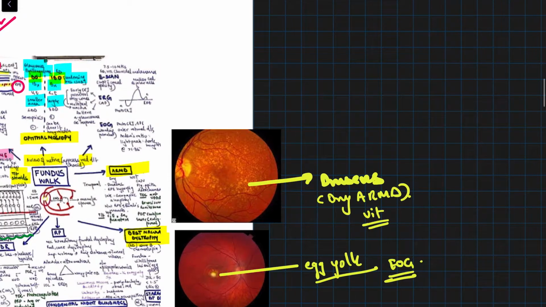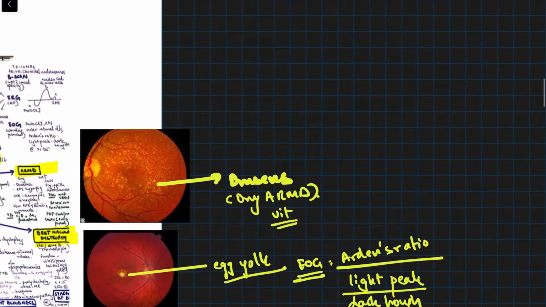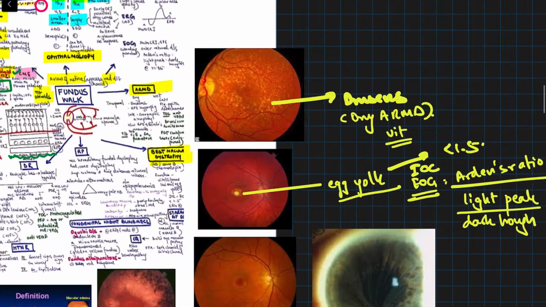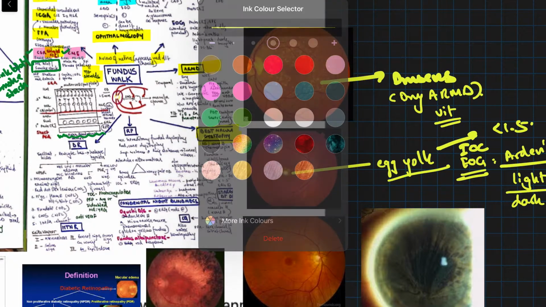In EOG, what we do is we calculate Arden's ratio, which is nothing but light peak upon dark trough, and it is normally more than 1.85. In Best vitelliform dystrophy, remember the investigation of choice is EOG, and here the ratio will be less than 1.5.